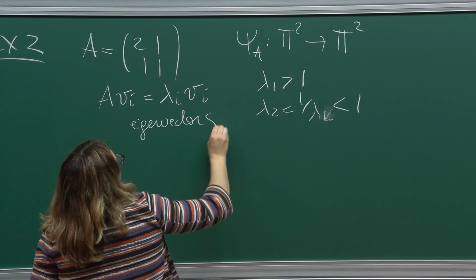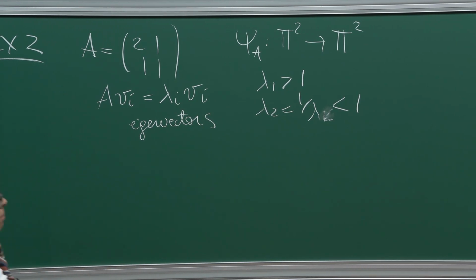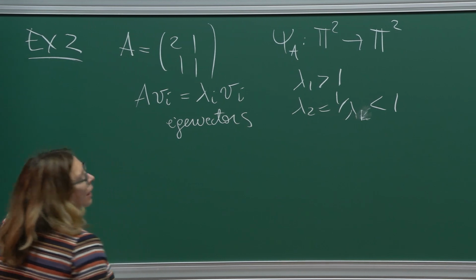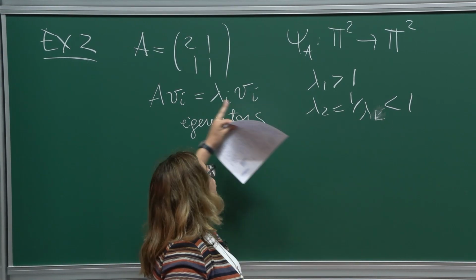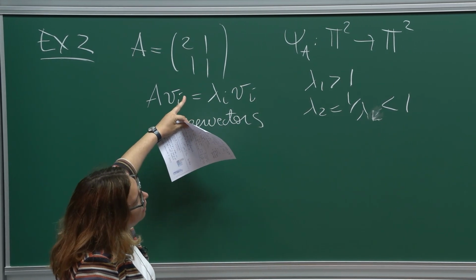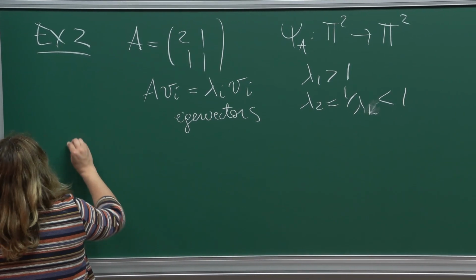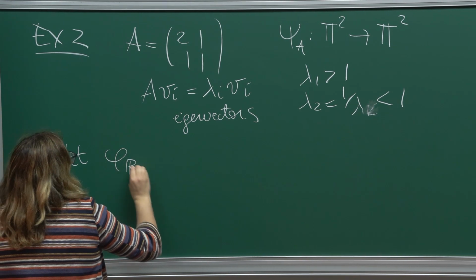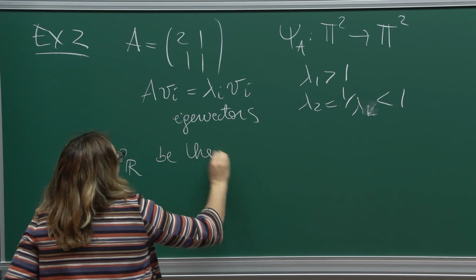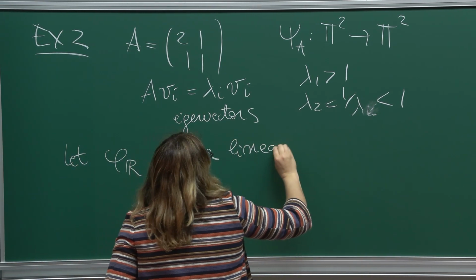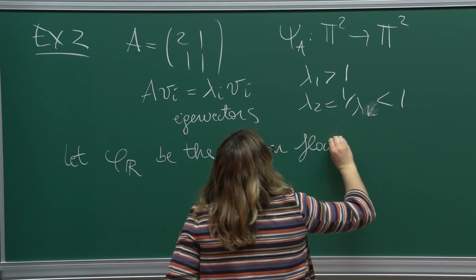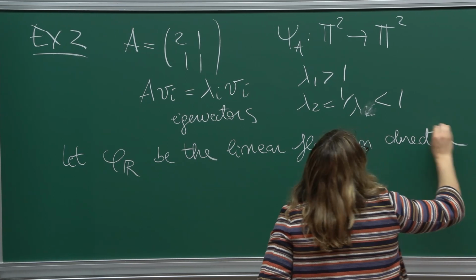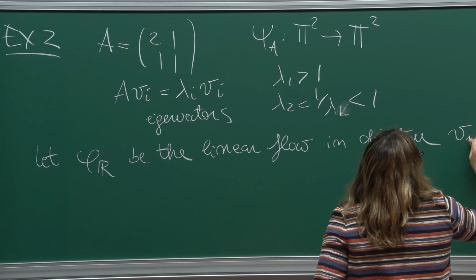And I'm going to look now at a companion parabolic system. I'm going to look at the linear flow in the direction of the expanding eigenvector. So let me call phi r the linear flow in direction v1.